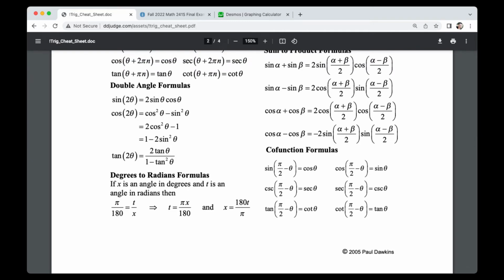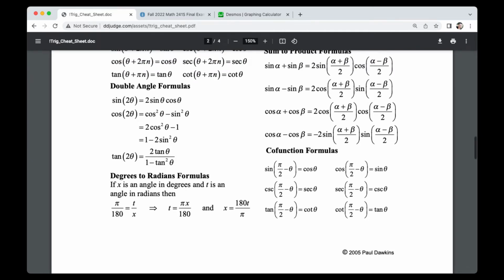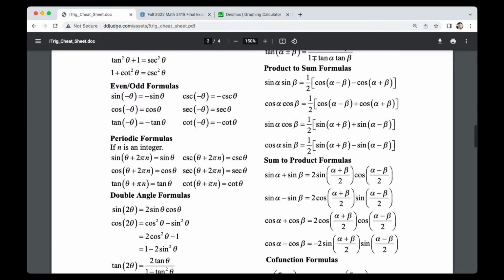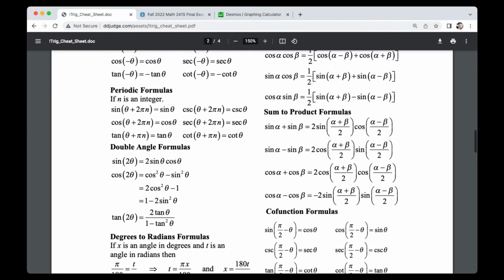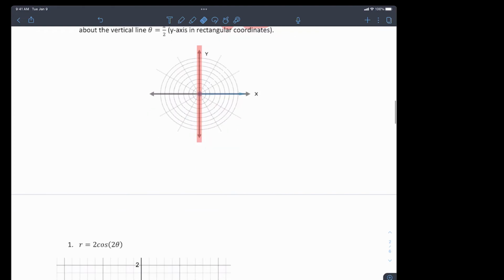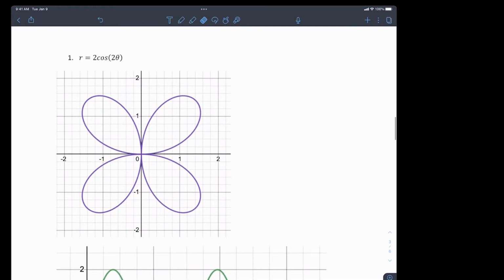Anyway, let's take a look at this first situation here and see if we can figure something out.